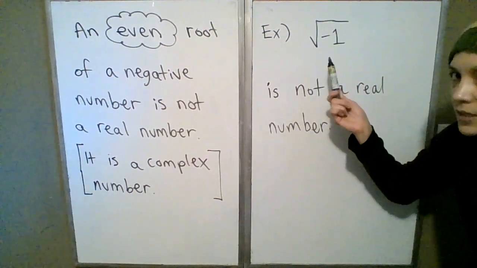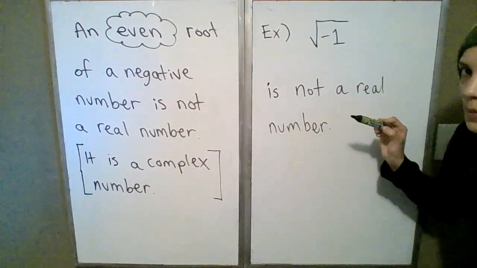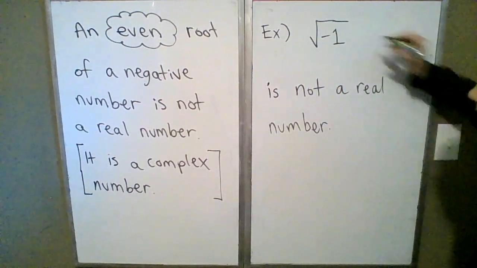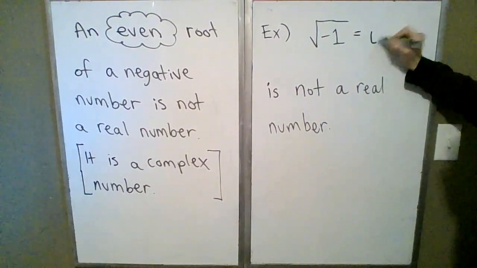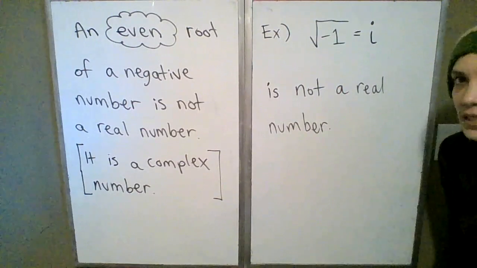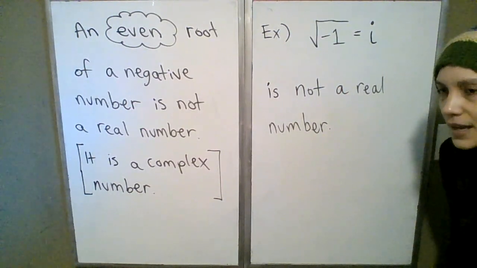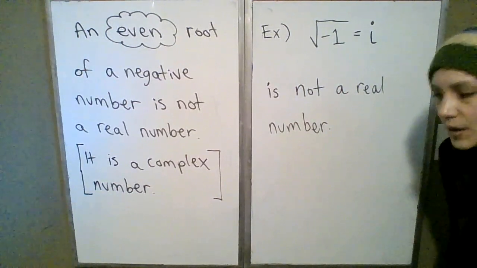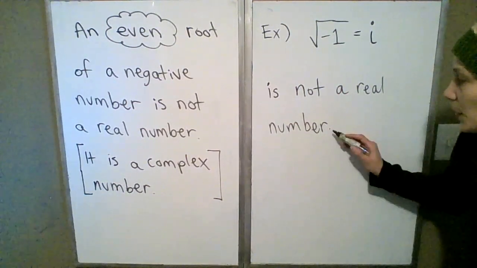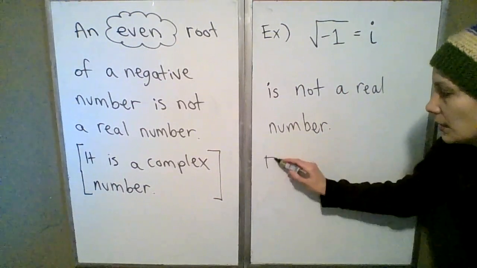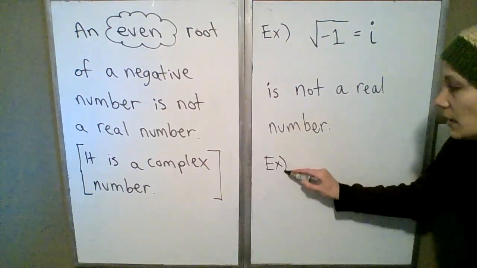So the square root of negative 1 is a complex number. It's called i. So it's an imaginary number. Again, we're not going to go too far into complex numbers, but let's just go on to the next one.